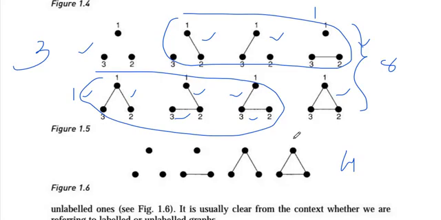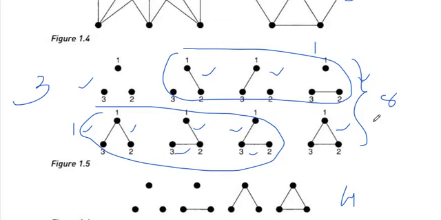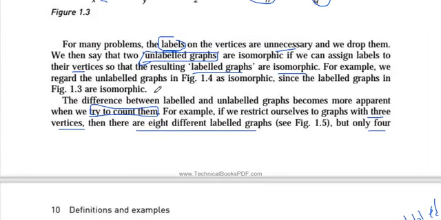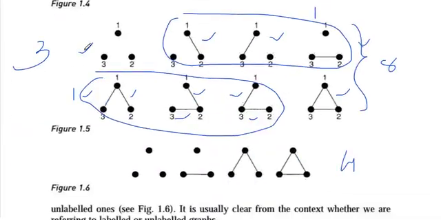So if we count the number of graphs available, we have to write down whether it is labeled or unlabeled. This is basically the difference between unlabeled and labeled.